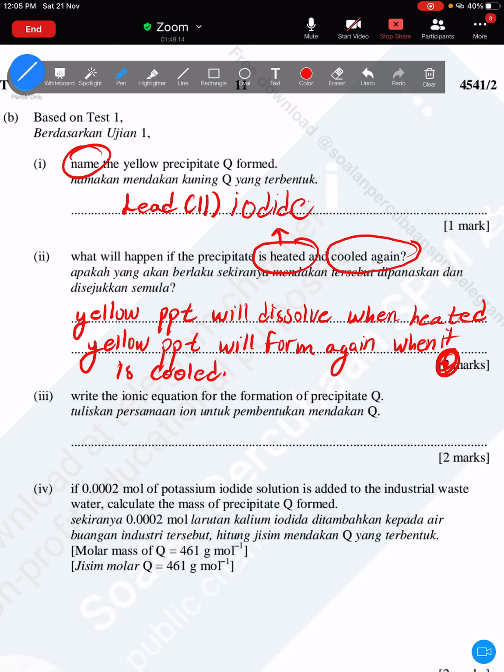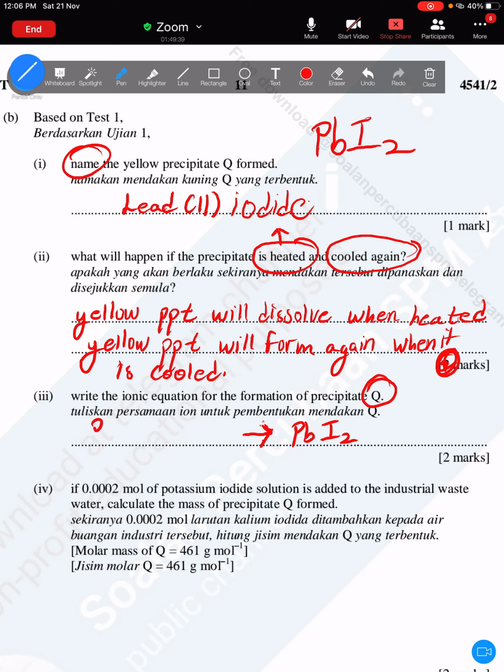Write the ionic equation for the formation of precipitate Q. I told you in the very beginning, precipitate Q is PbI2. They want the ionic equation. So what plus what gives you PbI2?